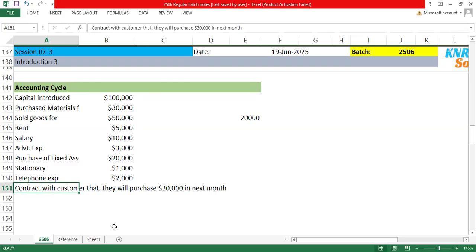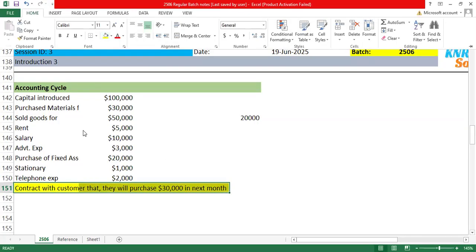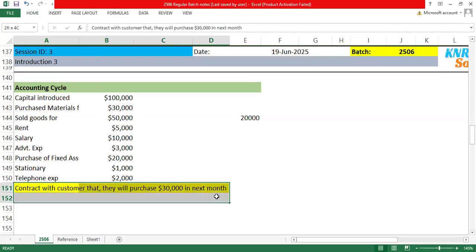This is a contract that they are entering. Now, whenever we are entering a contract, can I enter this as a financial transaction or not?